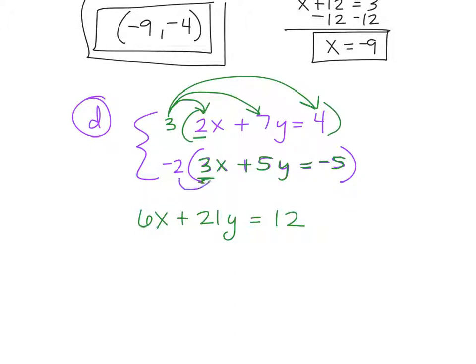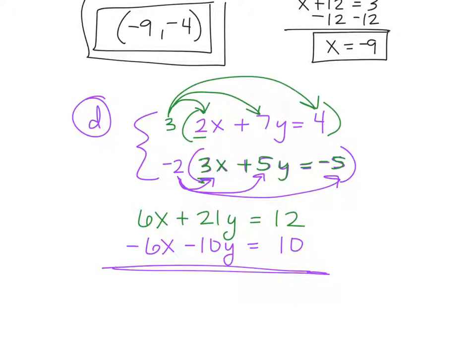Now do the purple to the green. -2 times 3 is a -6x. -2 times 5y is a -10y. -2 times -5, oops, is a +10. Let me just erase that so I'm not confusing you. Okay, so that's your setup.